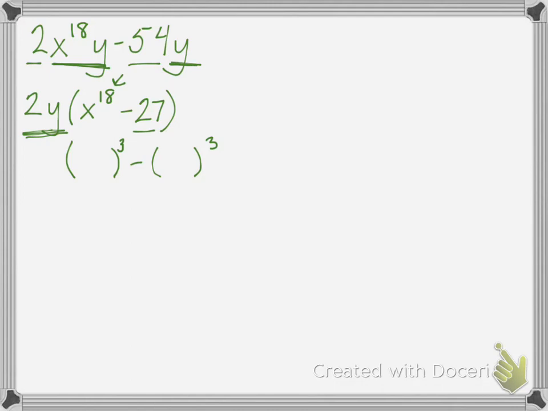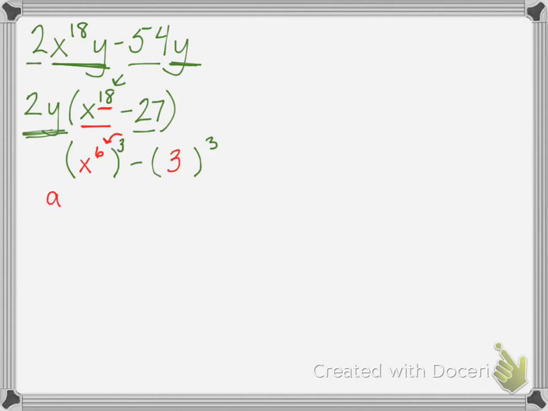So next thing I need to do is figure out what is it that to the 3rd power gets me x to the 18th. Well, I know it's x. Now I got to remember, I would take that 3 and multiply it by the exponent to get that 18. Therefore, it's x to the 6th. And the second one, what to the 3rd power gives me 27? 3.